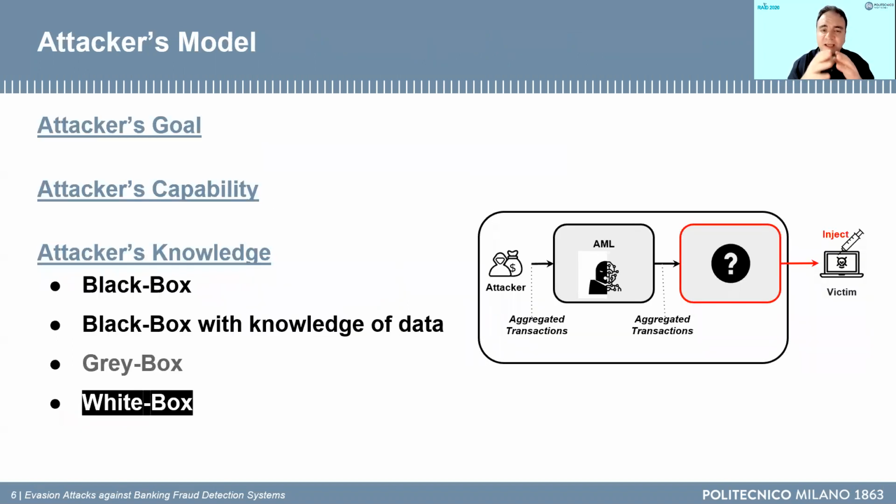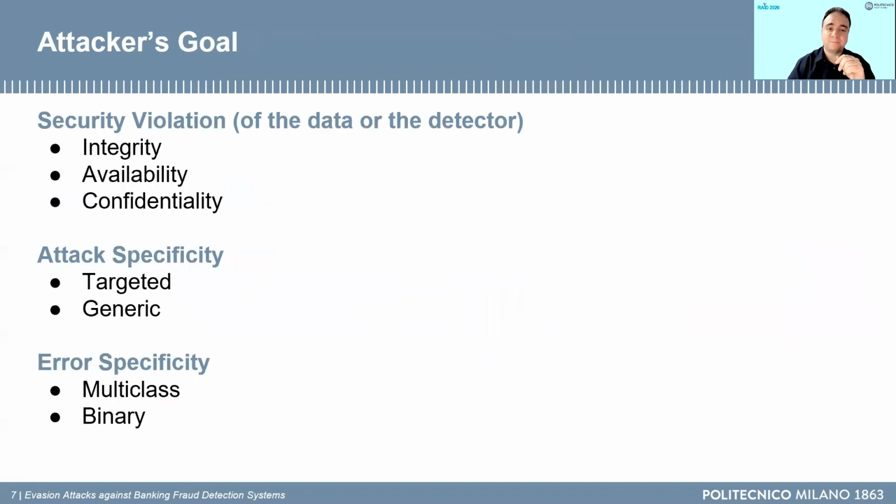An essential step in designing an adversarial machine learning-based attack is to define the threat model. In particular, we define the threat model in terms of the attacker's role, the attacker's knowledge, and the capability of manipulating data. So the attacker's goal can be defined in terms of the security violation, the attack specificity, and the error specificity.